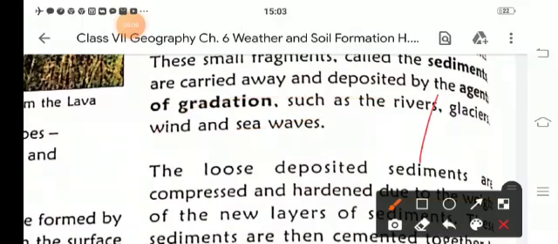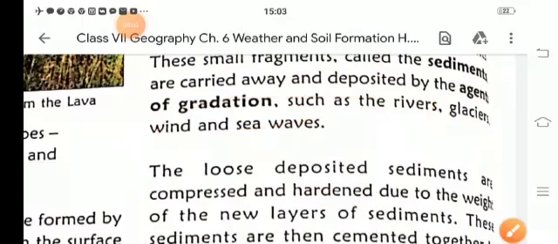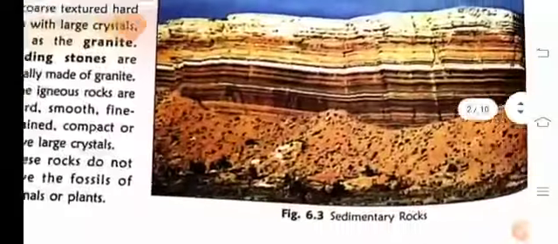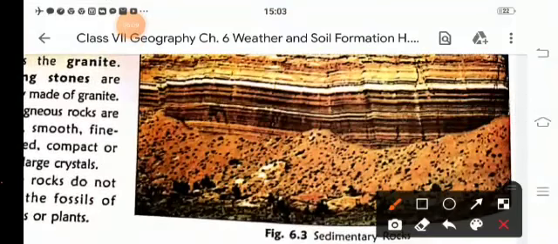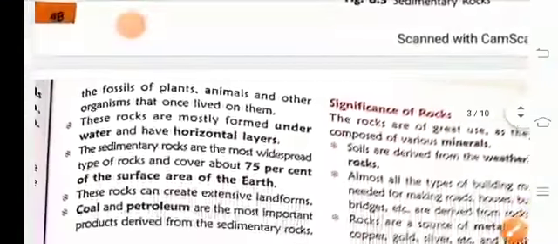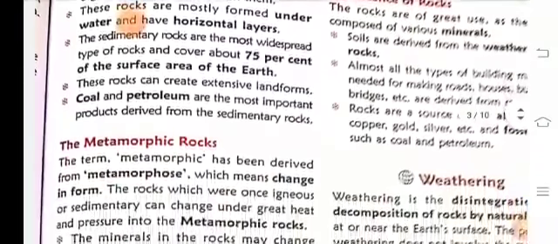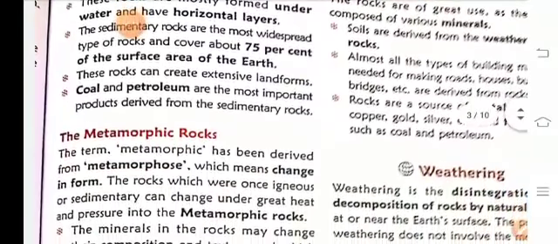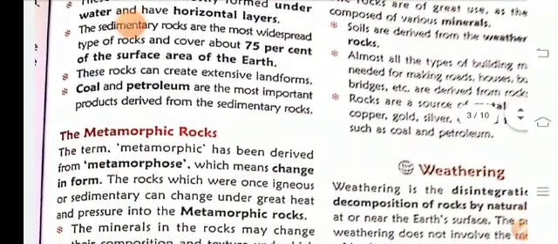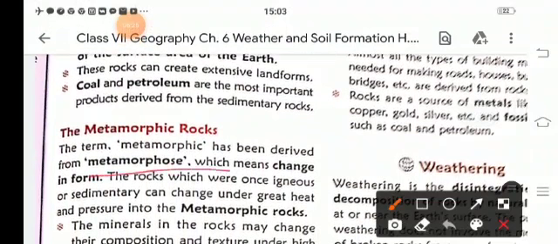Then metamorphic rocks. What are the metamorphic rocks? See, this is a sedimentary rock, very smooth. The term metamorphic has been derived from metamorphose, which means change in form.